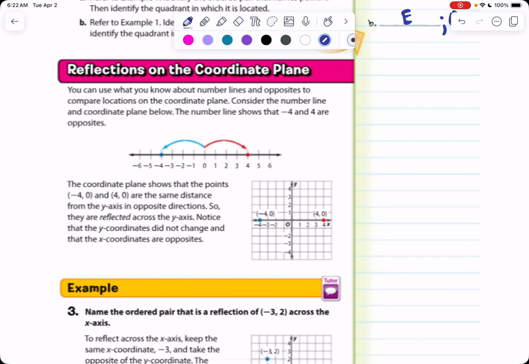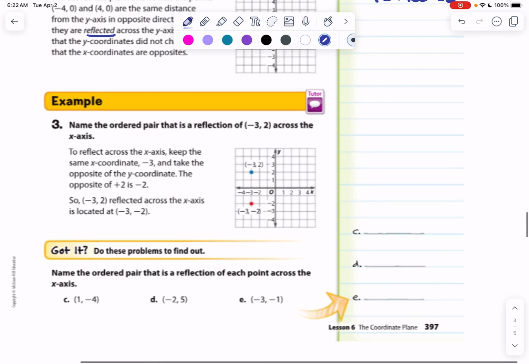They are reflected. Oh, there's another vocab word, reflected. Like a mirror, reflected across the y-axis. Notice that the y-coordinates did not change and that the x-coordinates are opposites.